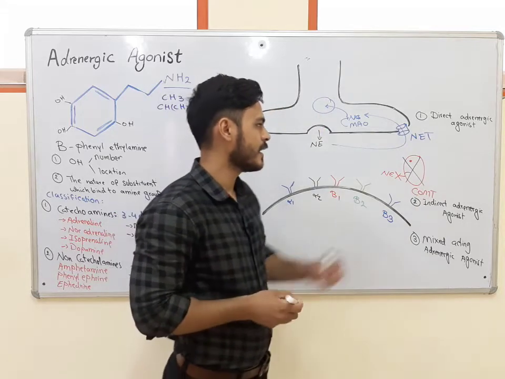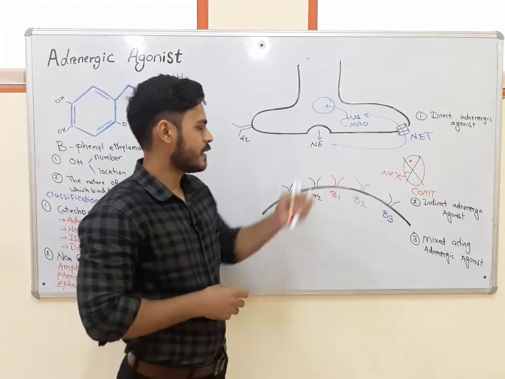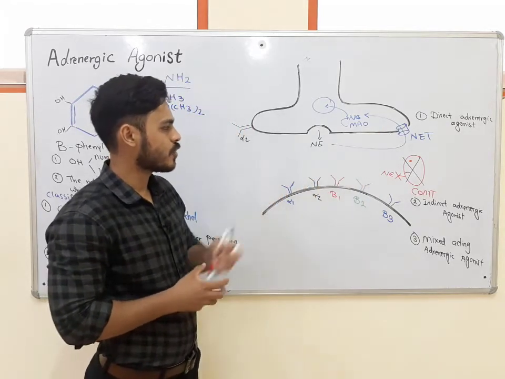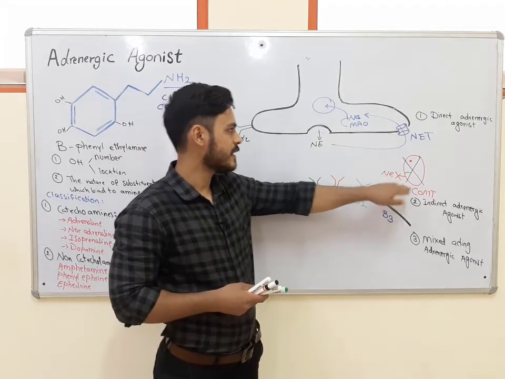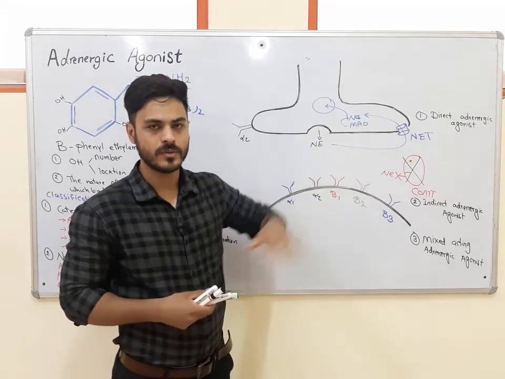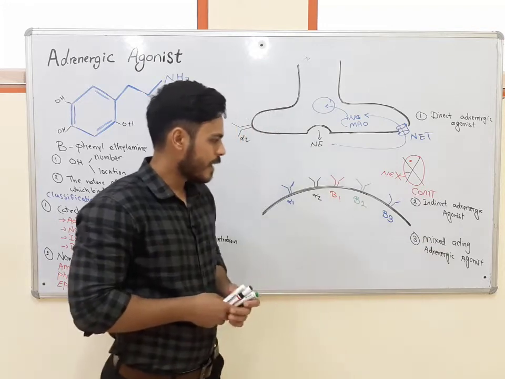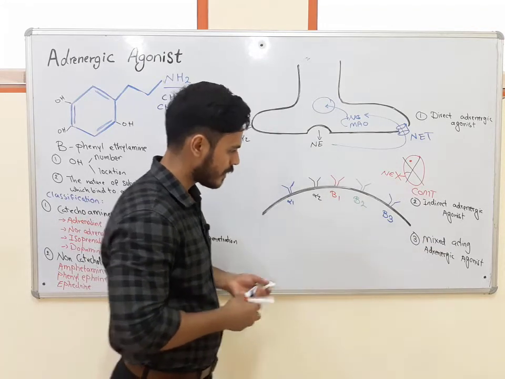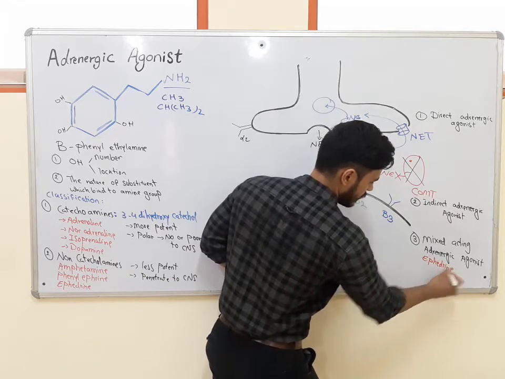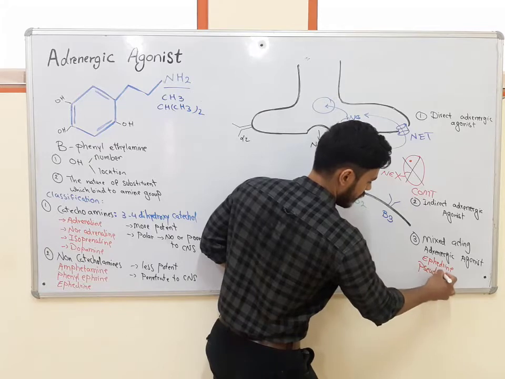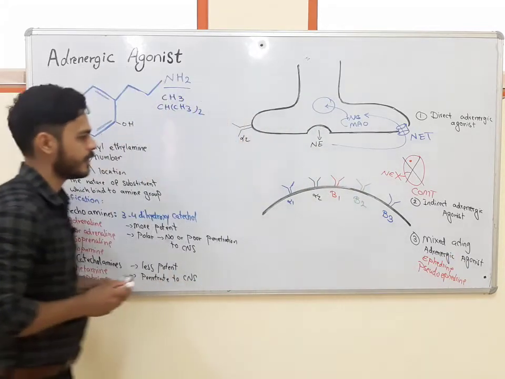For example, cocaine can inhibit this transporter. Other drugs which can show indirect adrenergic agonist activity are inhibitors of COMT or inhibitors of MAOs. We can classify them also under indirect adrenergic agonists. And mixed acting adrenergic agonists, we'll talk about them today: ephedrine and pseudoephedrine. These are the mixed acting adrenergic agonists.